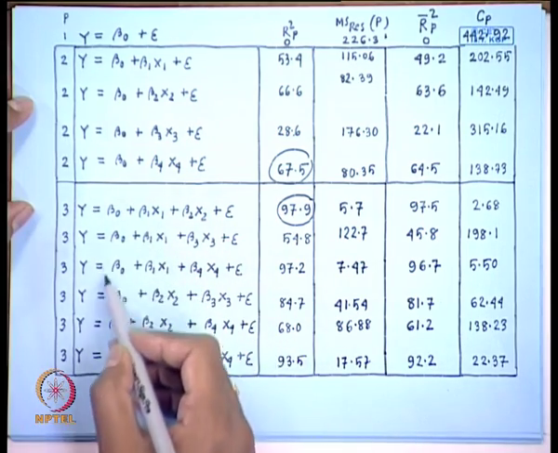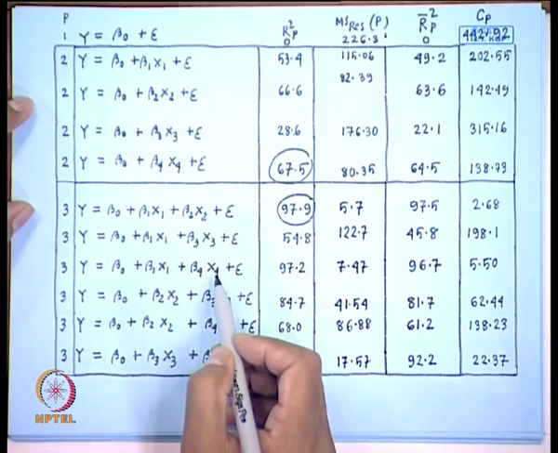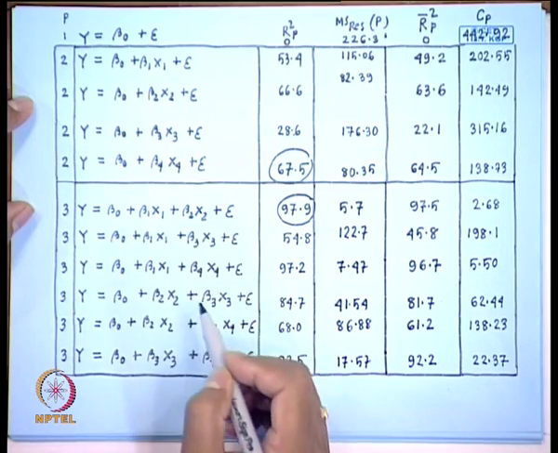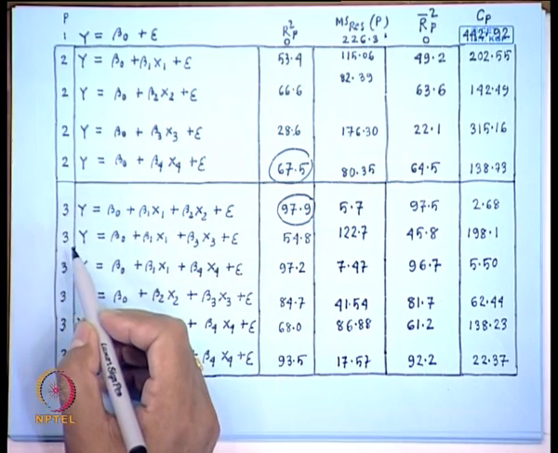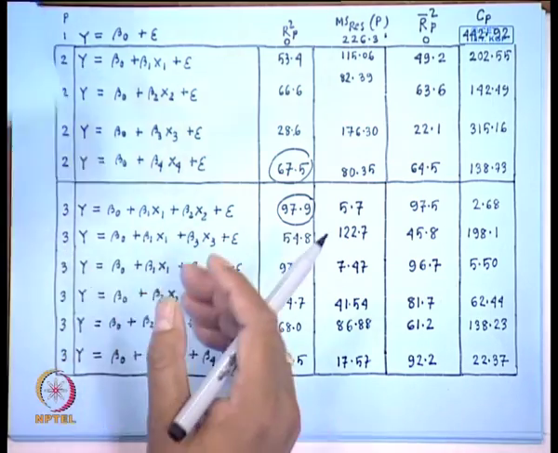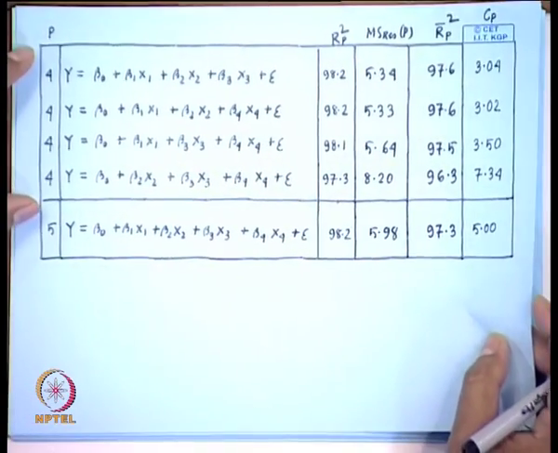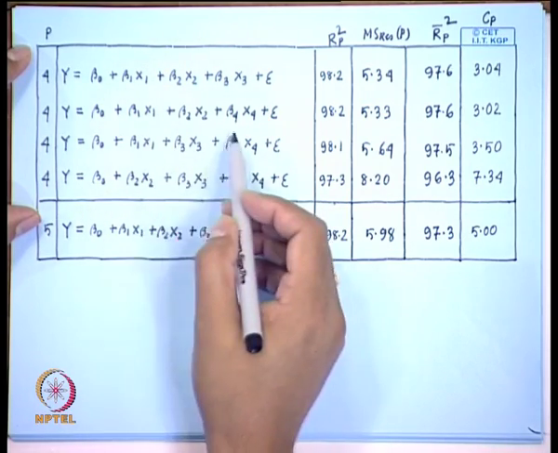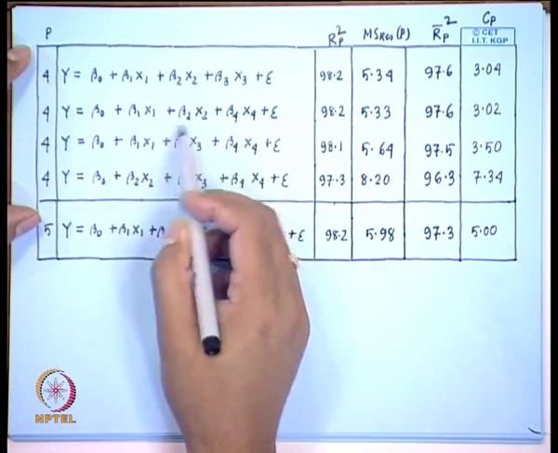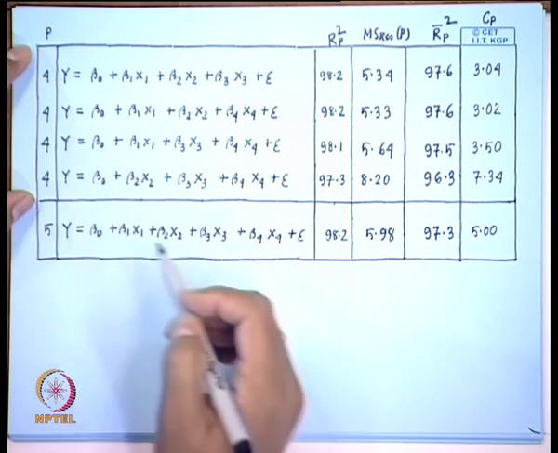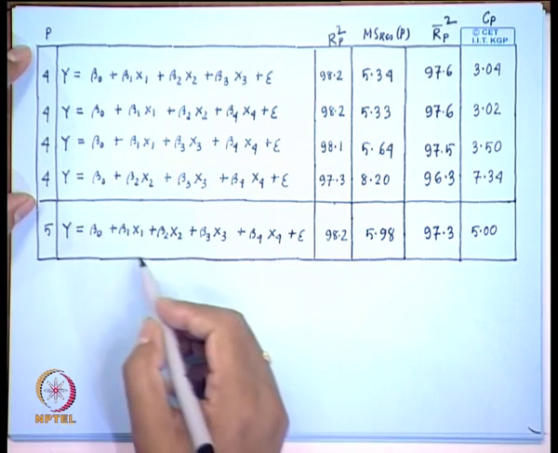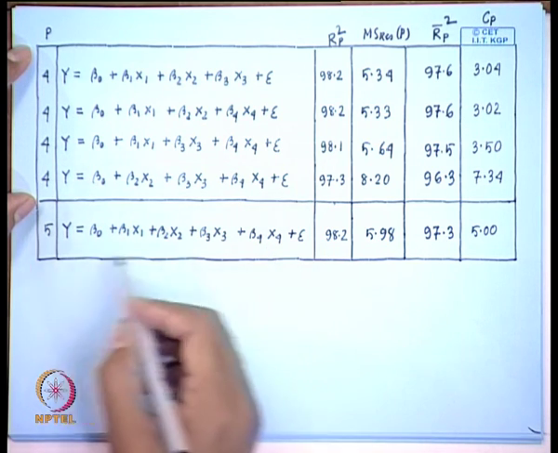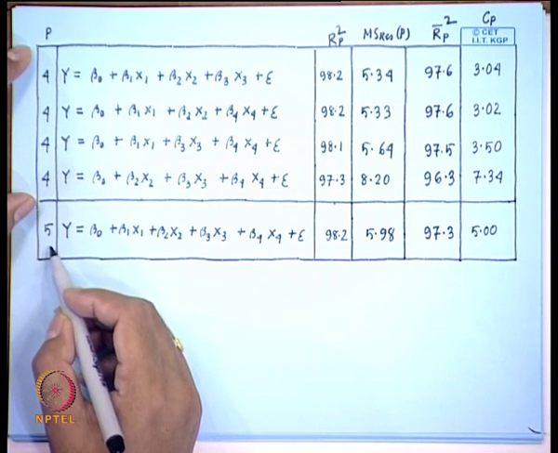These are the models involving 2 regressors, that is why p equals 3, and these are the models involving 3 regressors and p is equal to 4, and this is the full model involving all the 4 regressor variables, that is why p is equal to 5.